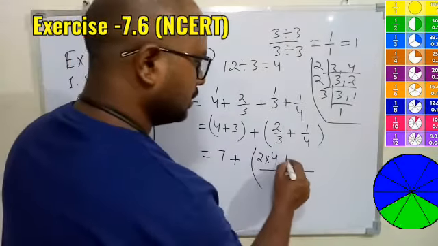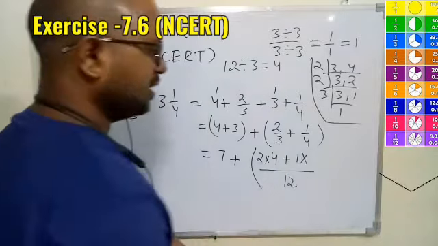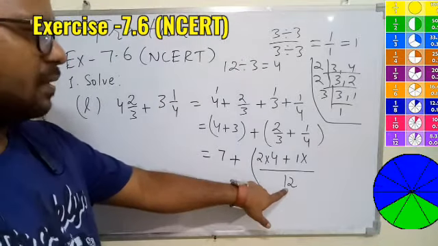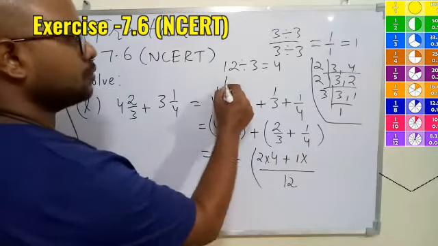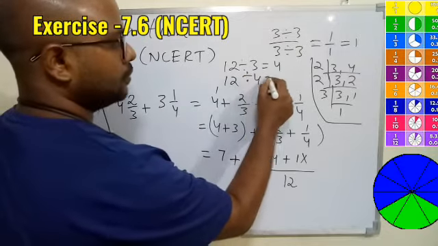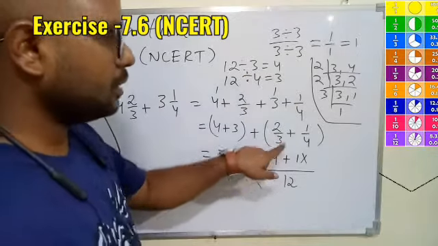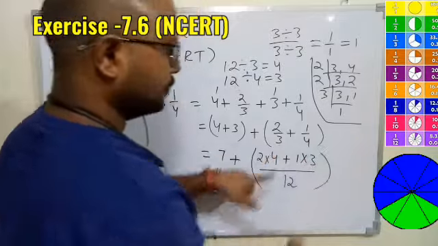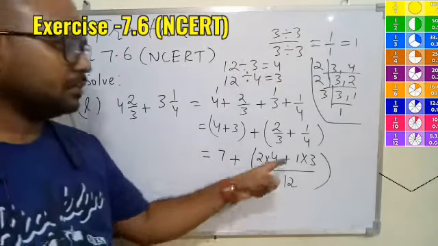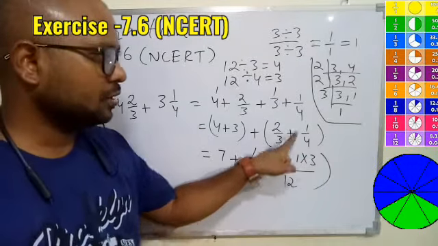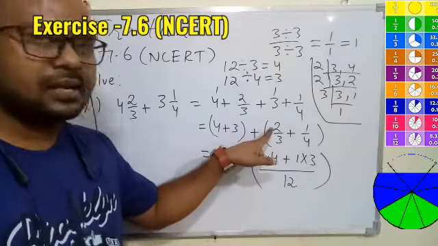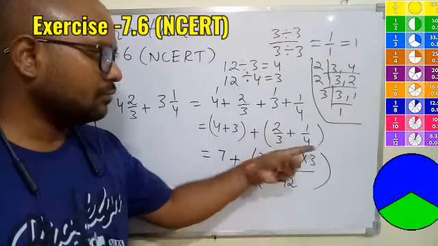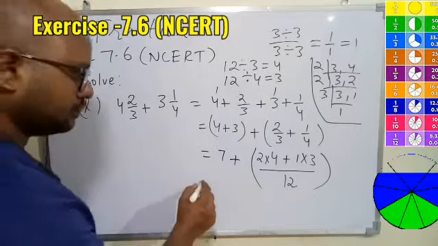Then plus, then 1. Now we have to divide 12 by 4. So if we divide 12 by 4, what will we get? 3. What will we multiply? This number only. So we are applying a different method, but you can see you are doing the same thing. So 3 is multiplied here, 4 is multiplied here, between we have plus, and 4 into 3 is 12 here.